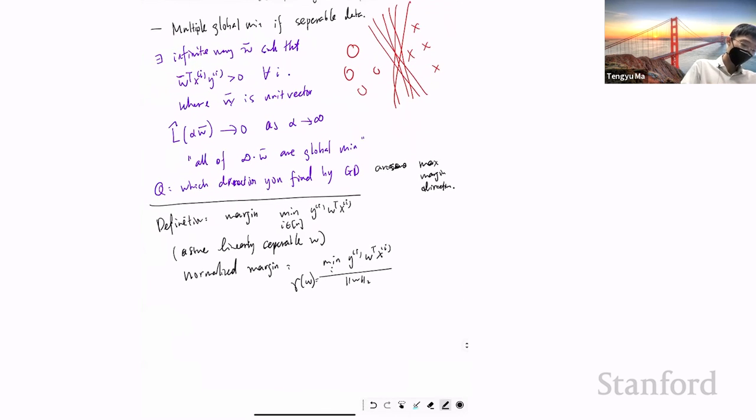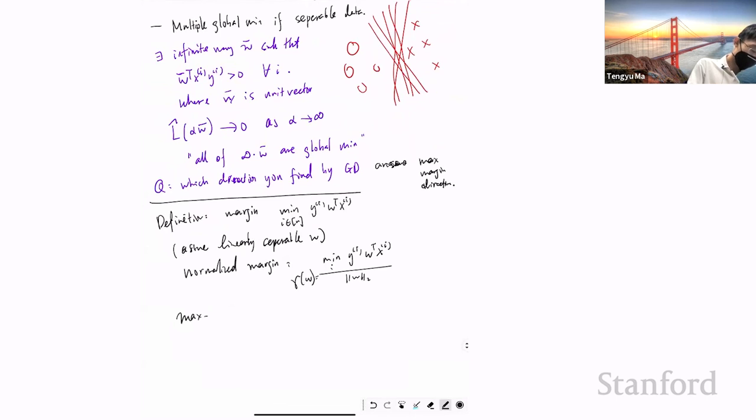Okay, so the max margin solution is defined to be, for all W, which one gives you the maximum normalized margin. And let W star be the maximizer.